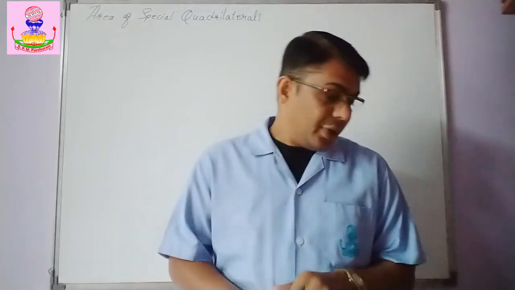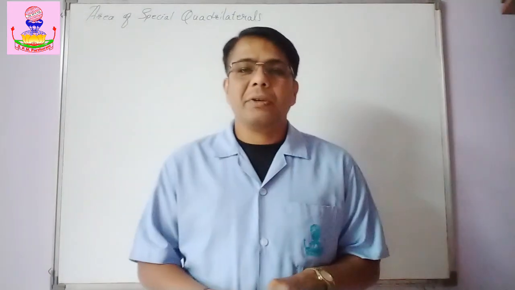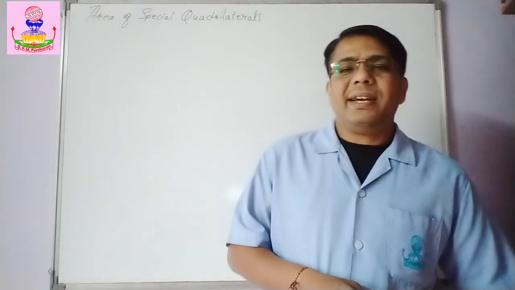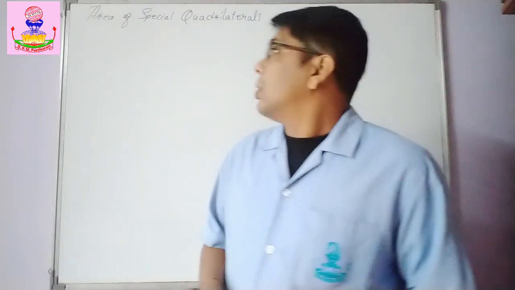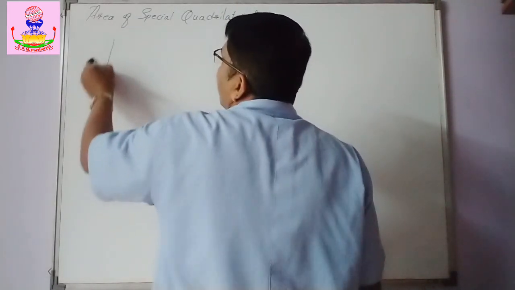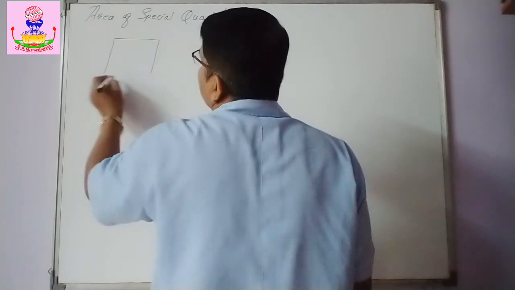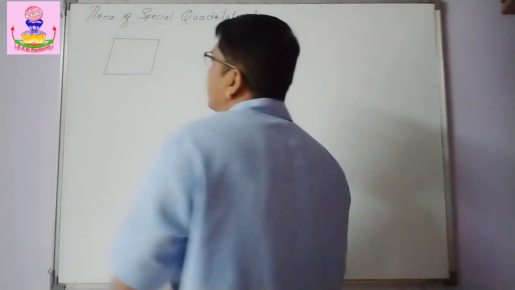Now today we are going to study area of some special quadrilaterals, and that is rhombus. Okay, and again we are going to study that with the help of triangulation method.